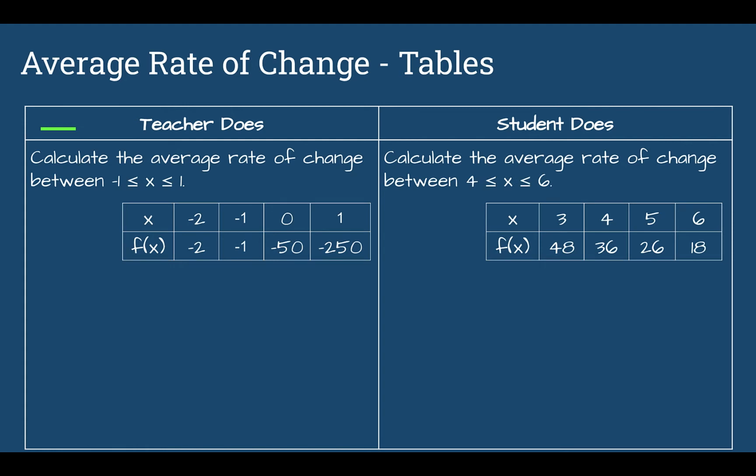Let's look at another example. Calculate the average rate of change between -1 is less than or equal to x is less than or equal to 1. So I want to start at x equals -1 and end at x equals +1. Again, we're going to find those in the table and use the values that go with. So here it went from -1 to -250.